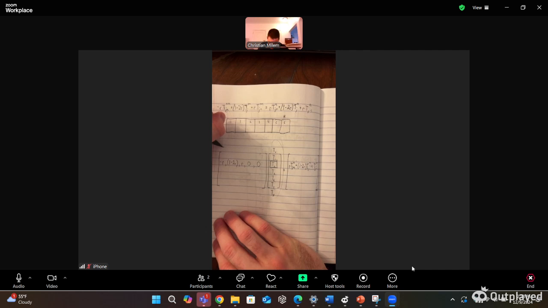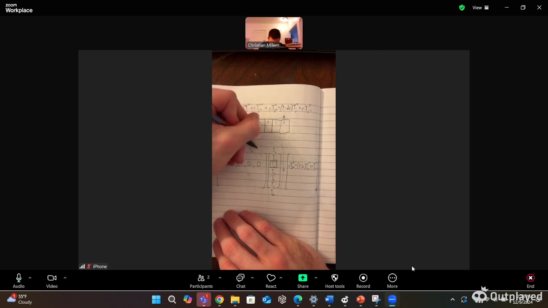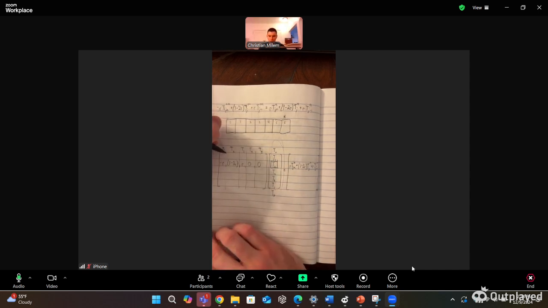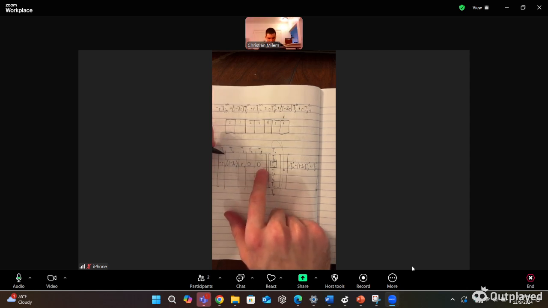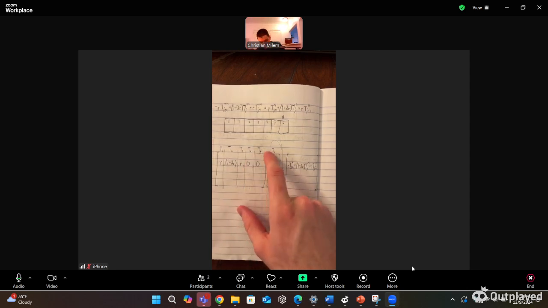So it would be T1, T2, T3, T4, and T5. So let me kind of split this up. This is useful because when you matrix multiply, you're going to be left with this, and if the rest of these are just zeros, then you don't have to worry about T4 or T5.